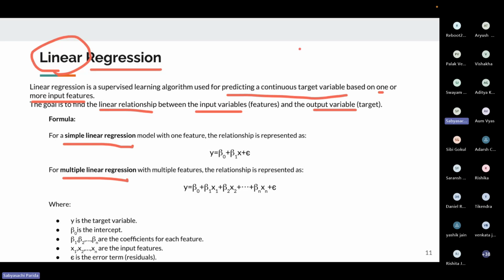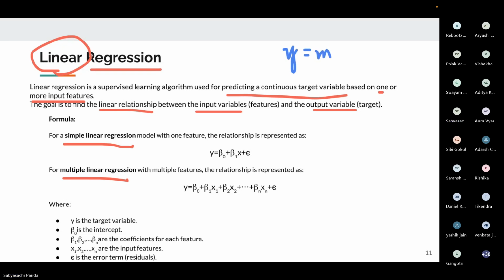Can anybody tell me what the equation of a line is? Sir, y is equal to mx plus c.